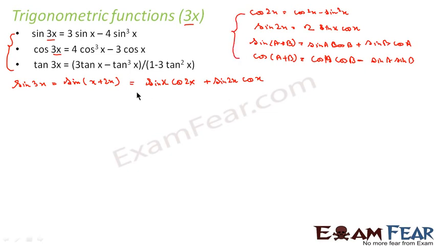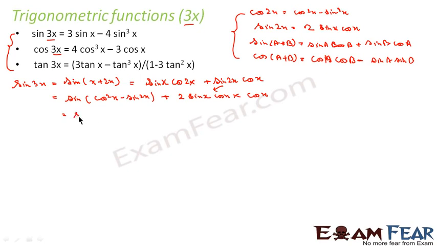We'll use this formula. So now I'll write here, sine of x times cos of 2x, I can write as cos square x minus sine square x, and plus sine of 2x, I can say 2 sine x cos x, into cos x.